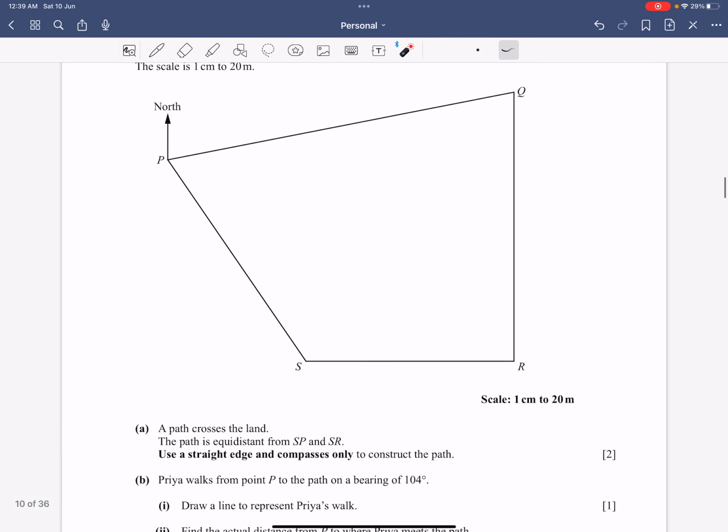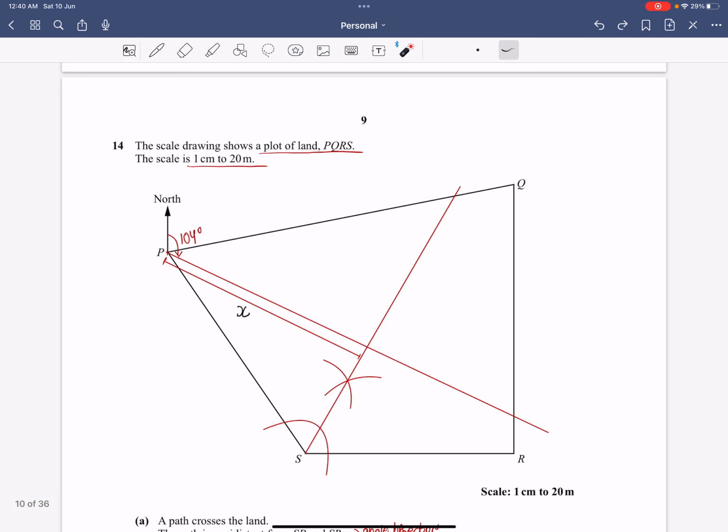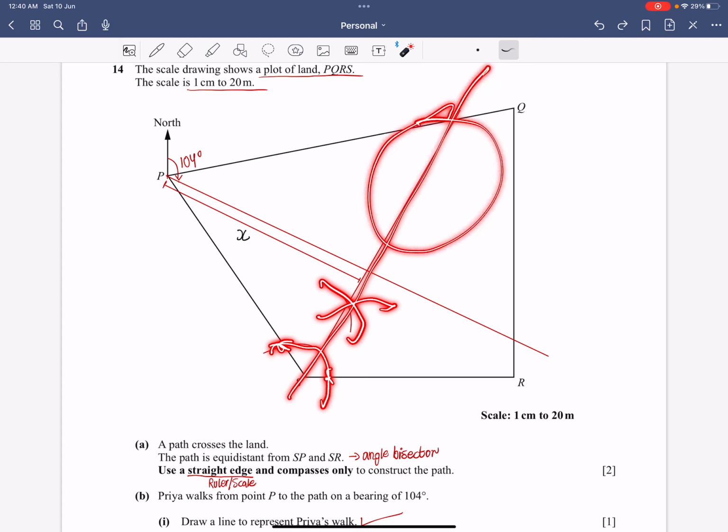So now let me show you what I have done. I have done this rough construction, which somewhat looks like this. So what I've done here is constructed the angle bisector by placing my compass here, placing an arc here, then placing an arc here. By joining this will be my angle bisector.